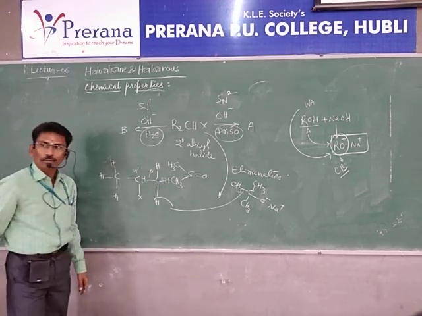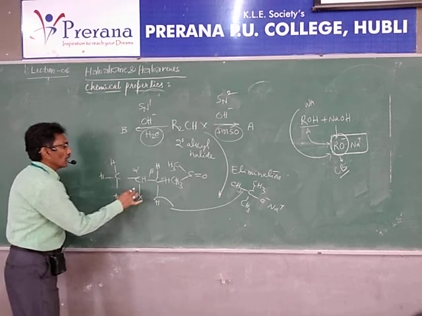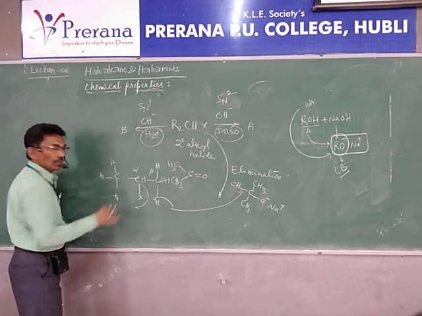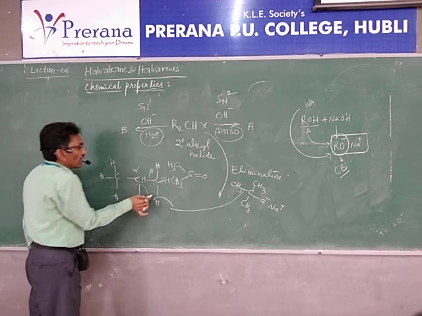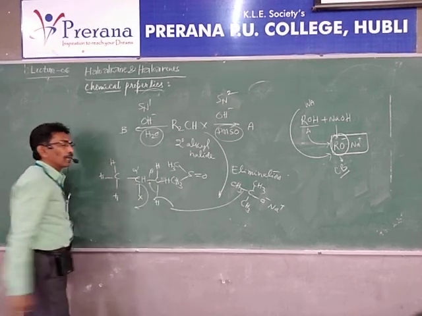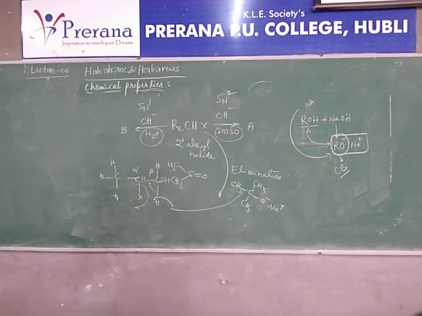Automatically the halide is removed, eliminated, and the sigma bond electrons are converted to a pi bond. So there is a chance for a secondary alkyl halide to undergo an elimination reaction in the case of a bulky nucleophile.